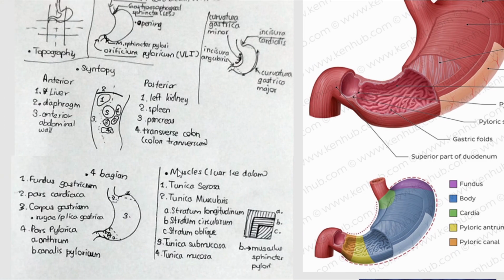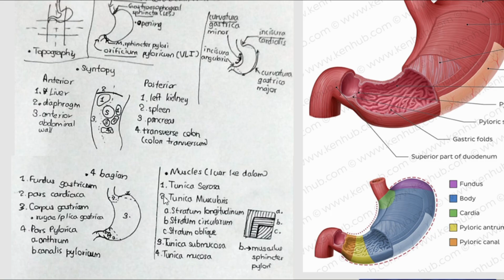And we move on to the layers. The stomach has four layers, not muscle layers. From the outside to inside, it has tunica serosa, tunica muscularis, tunica submucosa, and tunica mucosa.